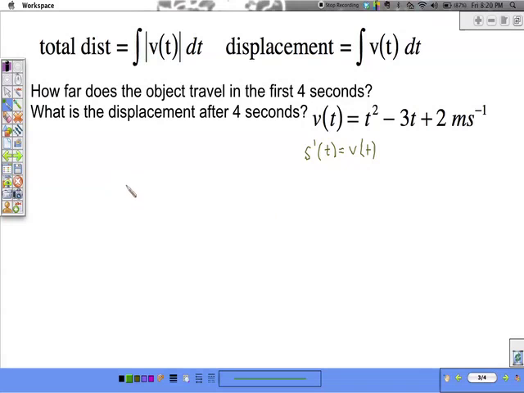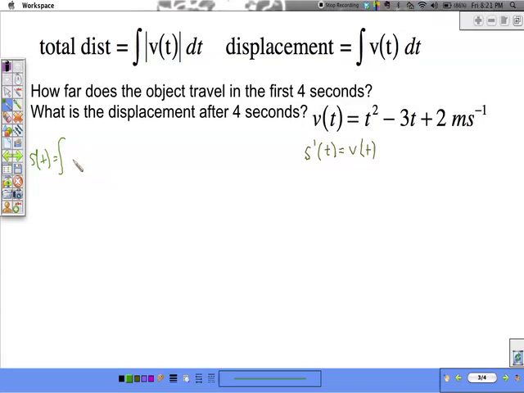And to do this, we are going to integrate. So my position function, s of t, is going to be the integral, and I'm going to take the general integral.